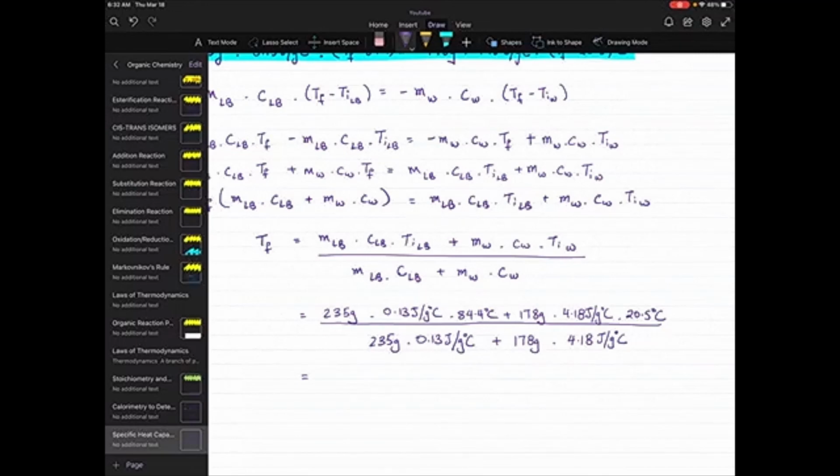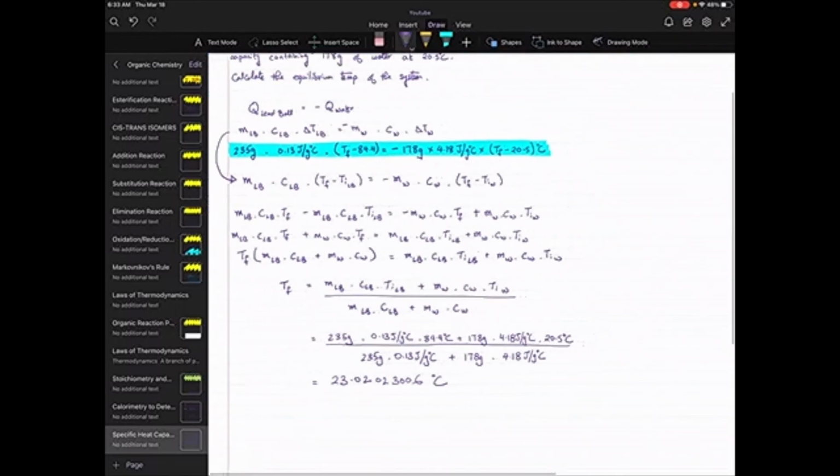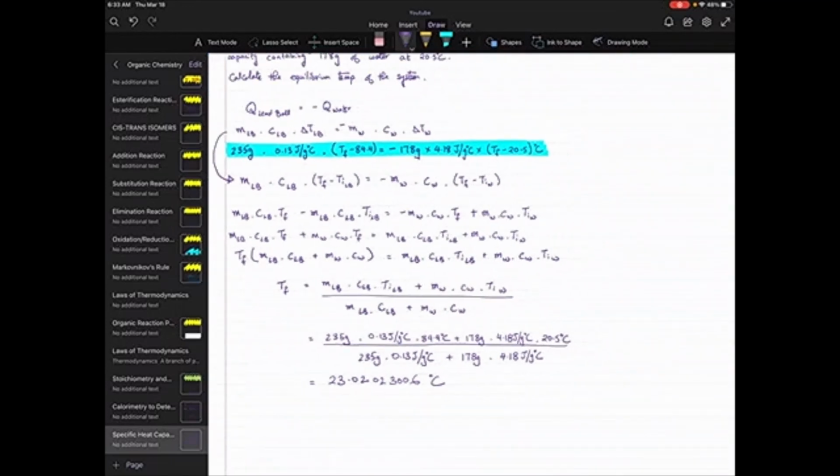So I'm just putting all of that information into the calculator at the same time, and I get an answer of 23.02 3006 degrees Celsius as the final temperature of both the solutions, or of the ball and the water. Okay, so that's the final temperature I'm getting.